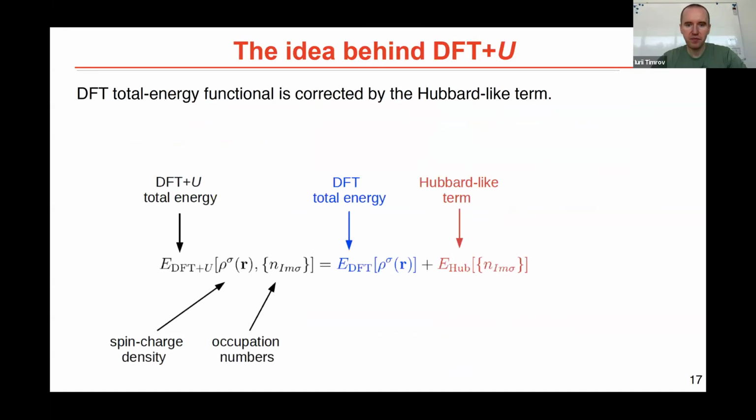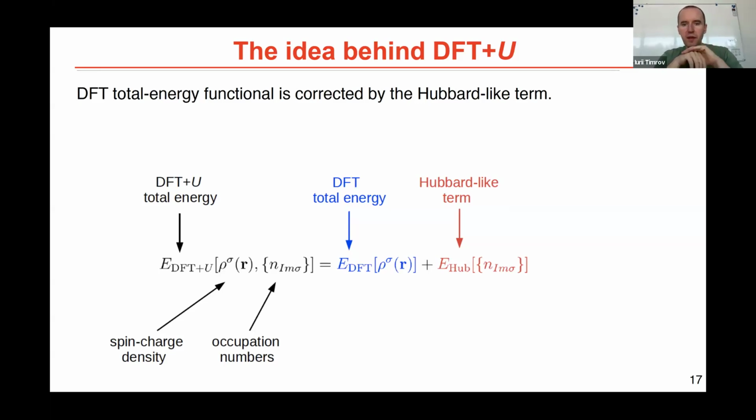It's very simple. So you take the DFT energy, which is blue, and it depends on the density. Here I show density as rho. Before I called it N, but now I call it rho. Sorry for this inconsistency. But rho is the charge density and depends on spin sigma, which can be spin up or spin down, and position r. So this is the DFT that we know. You learned about it in school previously.